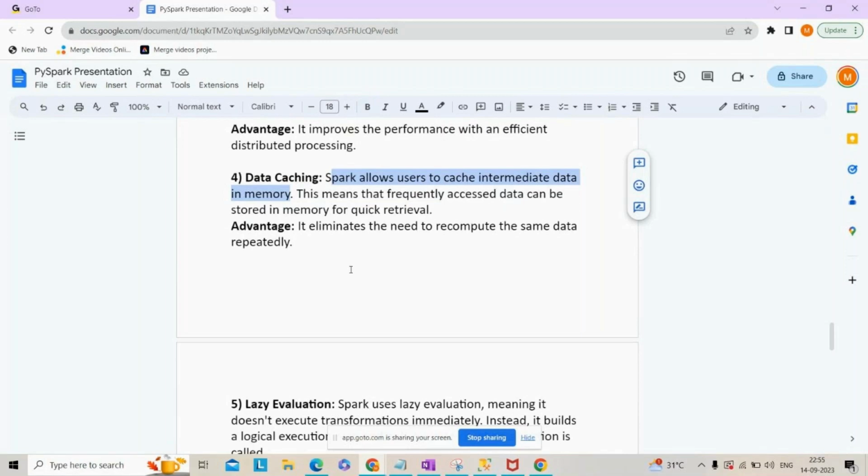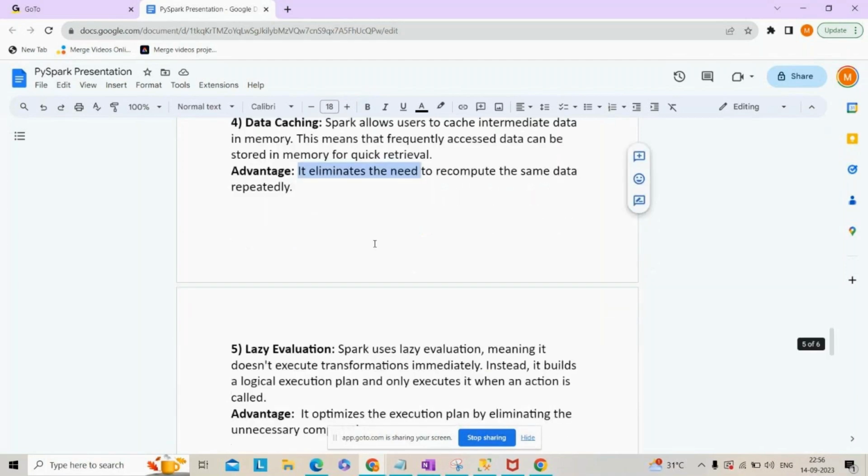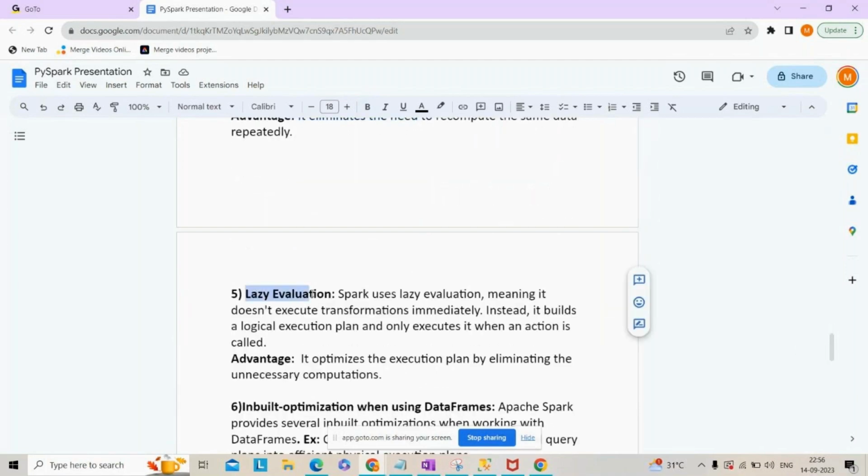The data frame or RDD, if you use frequently, then you can cache the data set in a memory, for quick retrieval. What is an advantage? It eliminates the need to recompute the same data repeatedly. Understand? Right.